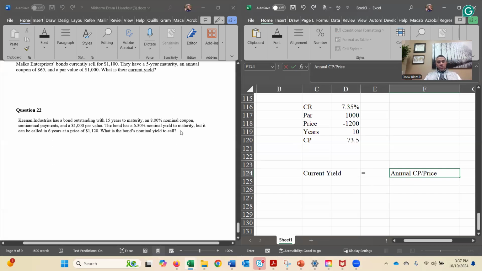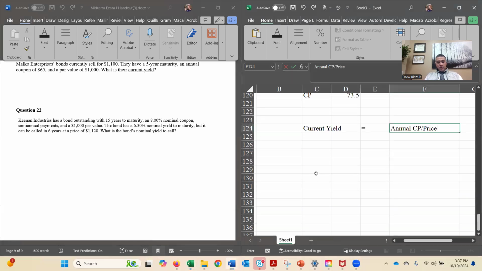Our last one, we're asking what is the yield to call? Let me do that for the last question. We'll solve this one. Well, let's type it in. 15 years. Get used to this. Type it up as you go. 8% coupon rate. Periodic.